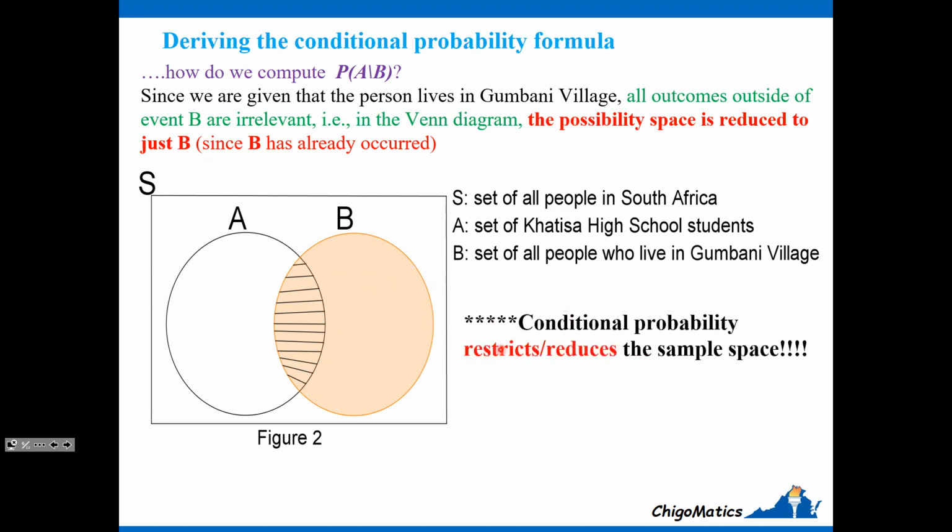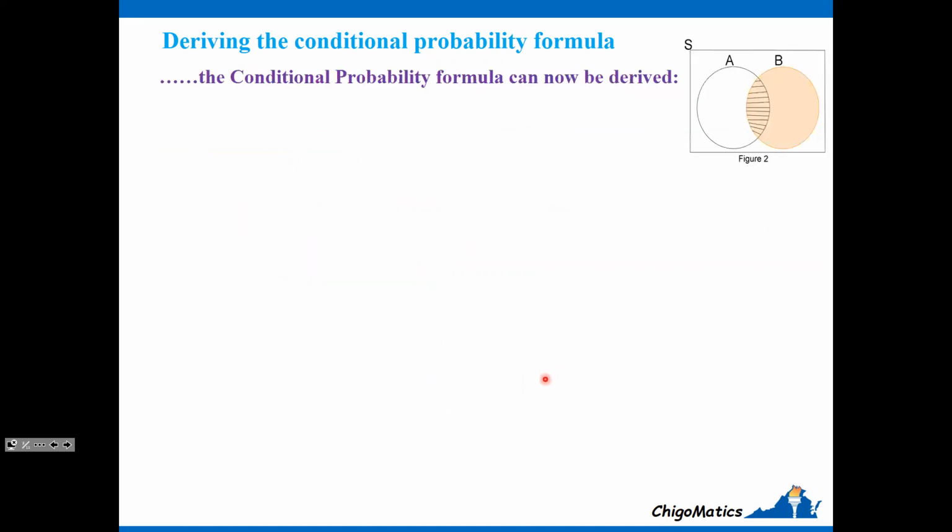What you need to understand is that conditional probability restricts or reduces the sample space, as you have seen in this situation. Now, the conditional probability formula can be derived.